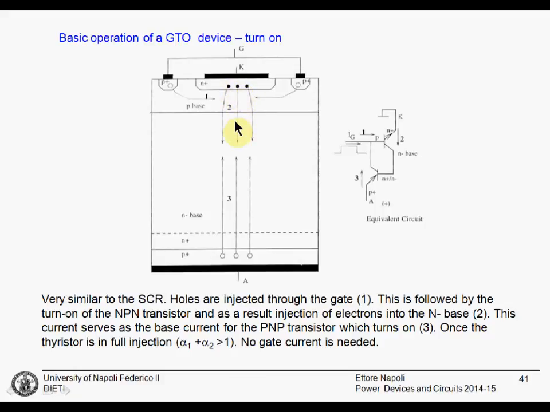They will flow through the base without losing too many carriers because the base is thin, more or less. And they go into the N minus base drift region. Here they behave like base current for this PNP transistor. And this means that there is an injection of holes from the P plus junction into this base and into the collector.